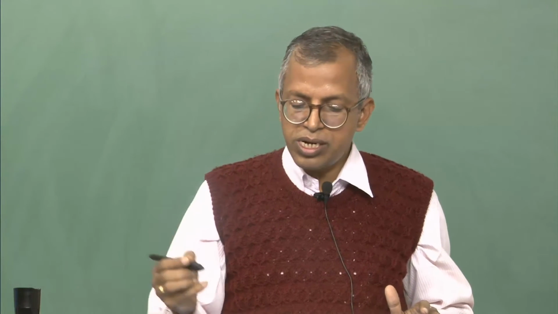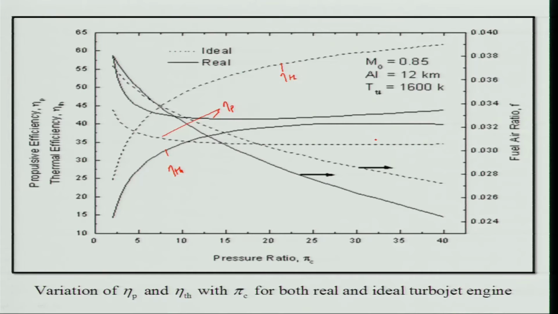If you look at fuel consumption, the fuel air ratio in the real one will be lower in this pressure range, whereas at a lower pressure ratio it will have higher values, and of course it decreases with the pressure ratio across the compressor. For this fuel air ratio, you need to induct a large amount of air to overcome the resistance.